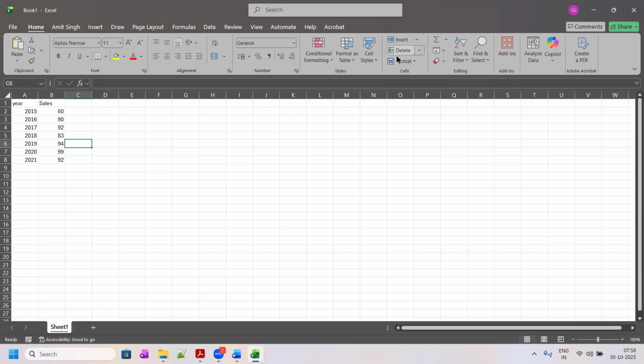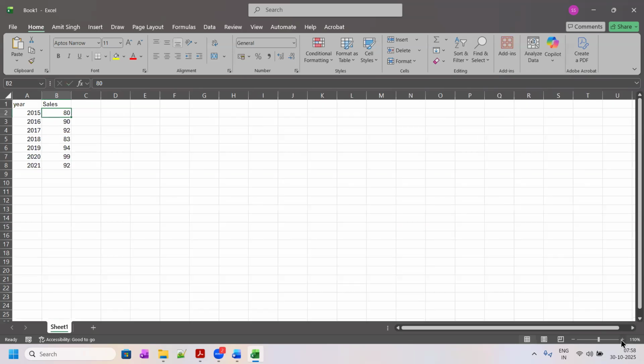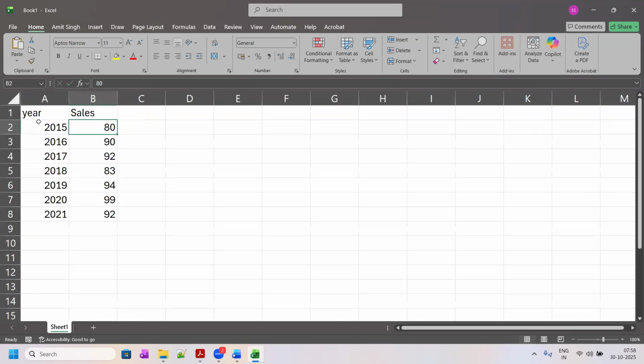So what do we do here? How many years are there? Total 7 are there. So figure out the middle year, because odd data is there, so you can find out the middle data very easily.